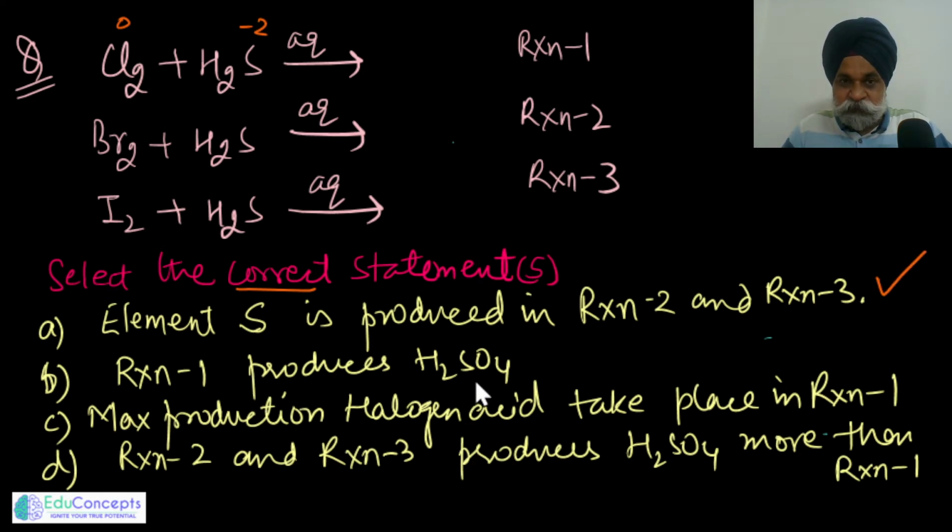Reaction 1 produces sulfuric acid, perfectly right. Maximum production of halogen acid, meaning HCl, HBr or HI, takes place in reaction 1. Okay, reaction 2 and reaction 3 produce more sulfuric acid than reaction 1? No, this is a wrong statement. Sulfuric acid is only being produced in reaction number 1. Now, more halogen acid? Yes. Now, economical is this one.